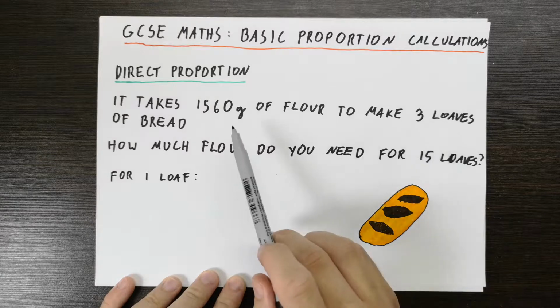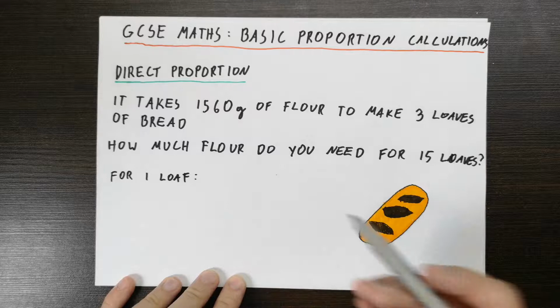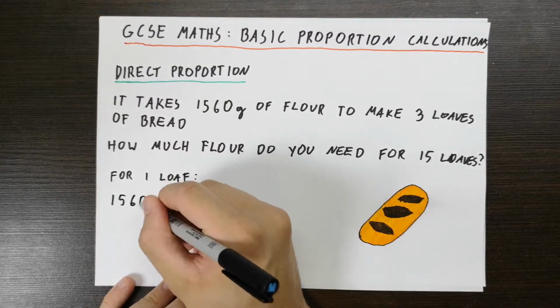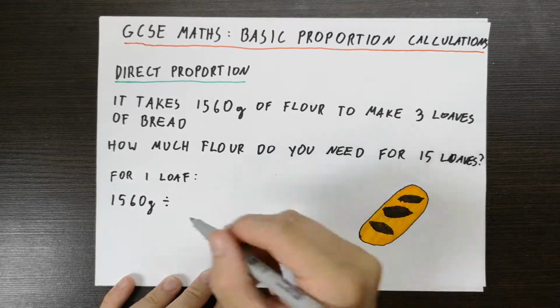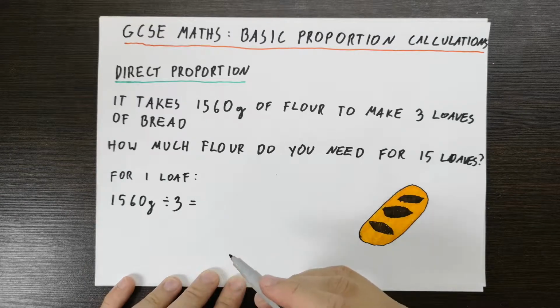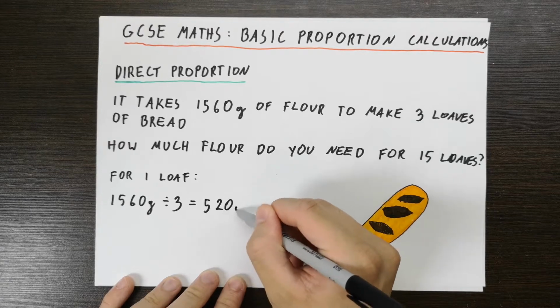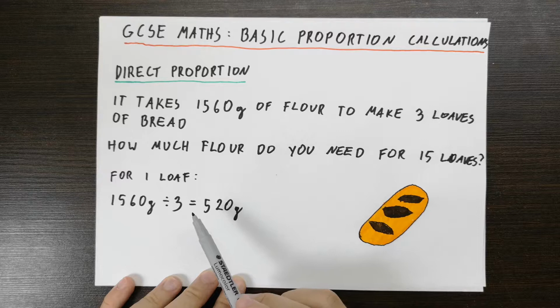Because that's 3 loaves, and in order to find out 1, we just divide this by 3. So we divide 1,560 grams by 3 loaves, which, if you put that in a calculator, will give you 520 grams of flour to make 1 loaf.